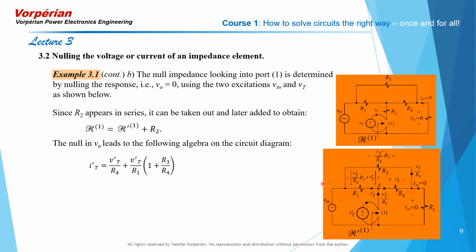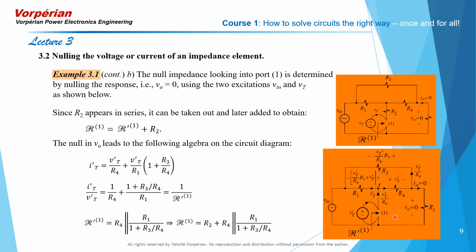And the voltage that appears across R1, as we said, is the sum of these two voltages, the one across R4 and the one across R3. You add these two, you factor out V prime t, divide by R1, and you get I prime t. And sure enough, the ratio of the two is the null driving point impedance looking into port 1.